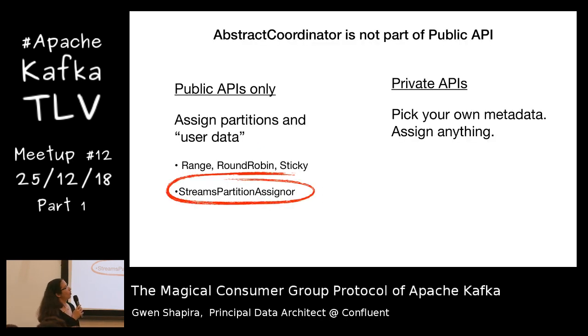As I mentioned earlier, the abstract coordinator that the schema registry uses is not an official part of the API. There are a lot of questions you ask about Kafka Streams, where you say, this is really silly, why did you do it that way? And they say, well, we wanted to use the official API.